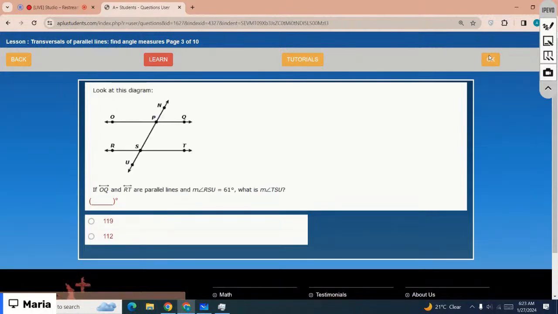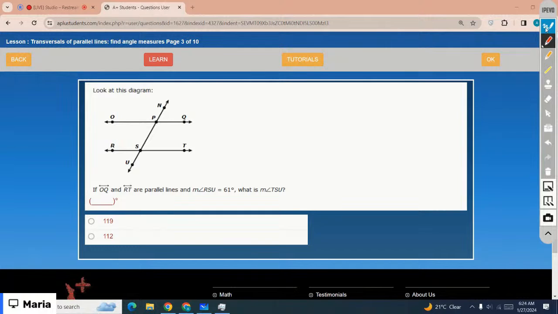Okay, the next one is, look at the diagram. If OQ and RT are parallel lines, measurement of RSU is 61 degrees. This one. What is TSU? You have to find. Together they make a supplementary angle.